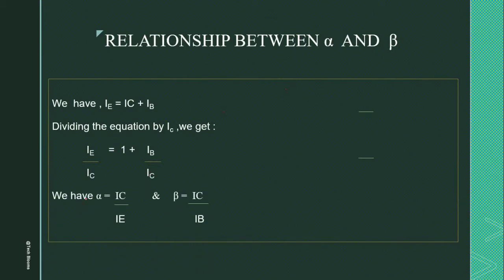And we have alpha equal to IC upon IE and beta equal to IC upon IB. Now substituting these parameters in this equation, we can get alpha in terms of beta and beta in terms of alpha. So here you have alpha equal to beta over 1 plus beta and beta equal to alpha over 1 minus alpha.